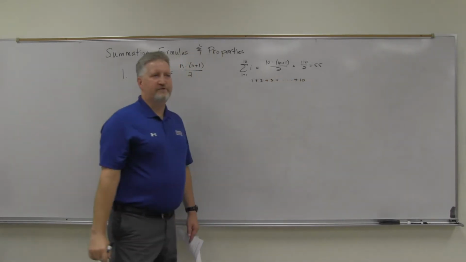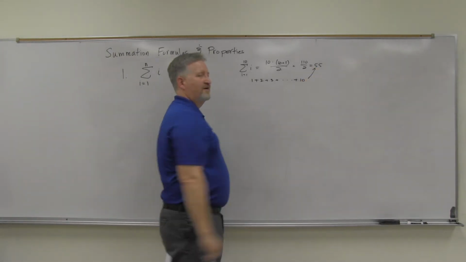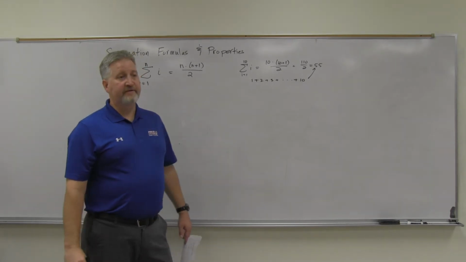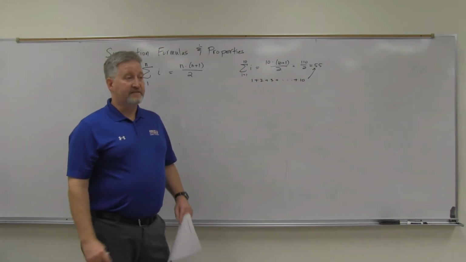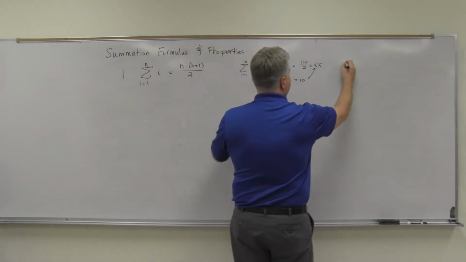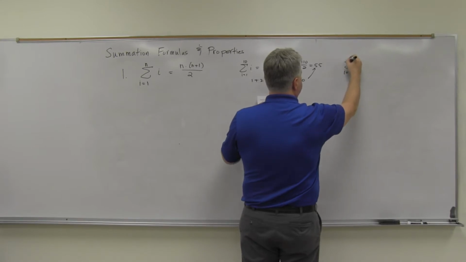So it's just adding up the first 10 numbers. But if you add those first 10 numbers up, sure enough, you get 55. Easy to check that one, but it works out pretty nicely. And so you can do large numbers very easily if you're doing just adding them up.